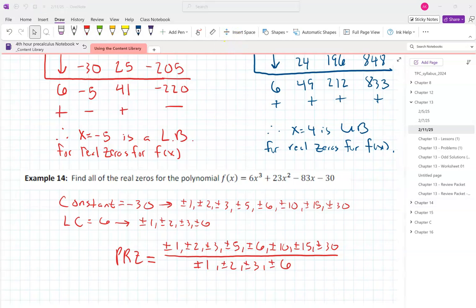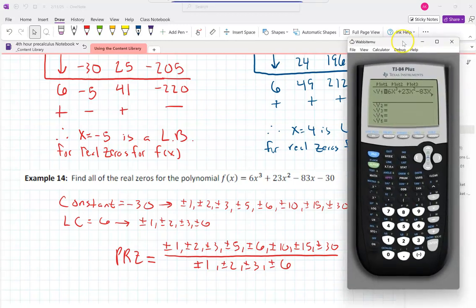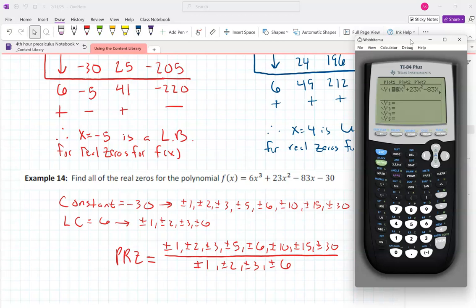And now what I'm going to do is look on my graphing calculator. I'm going to start just by going to the y equals menu and typing in my function that I'm looking to find the real zeros for. I just typed it in exactly like it looks on my sheet of paper.